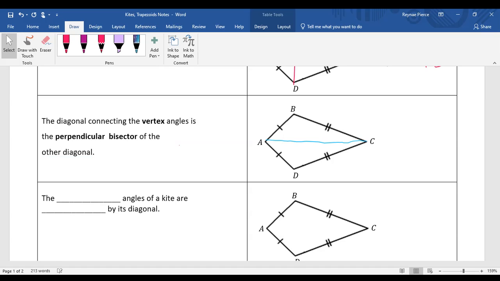Again, the blue diagonal here, AC, that connects my vertex angles, but now I put BD in here. We know that they are perpendicular already, but it is also bisected. We'll say in here is point E. BD is bisected.